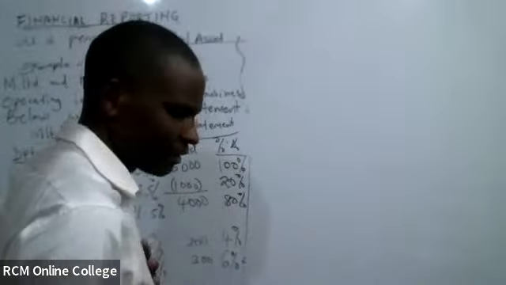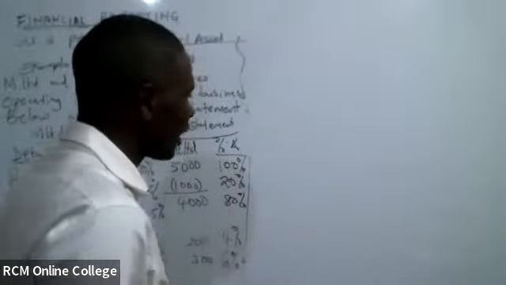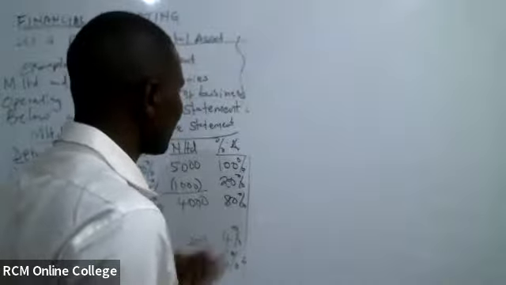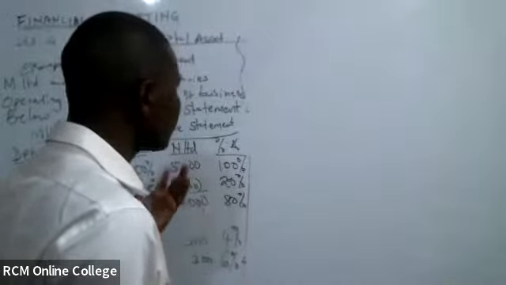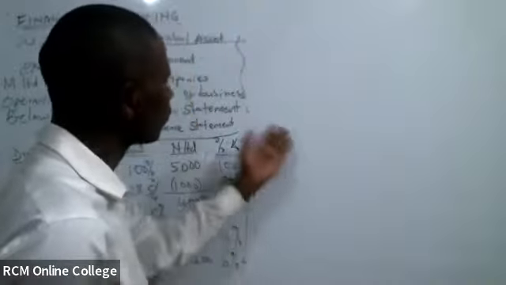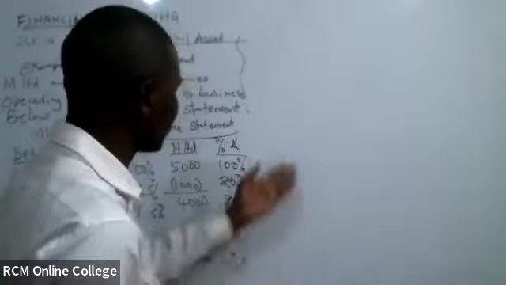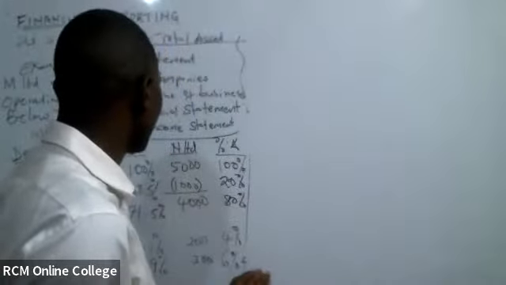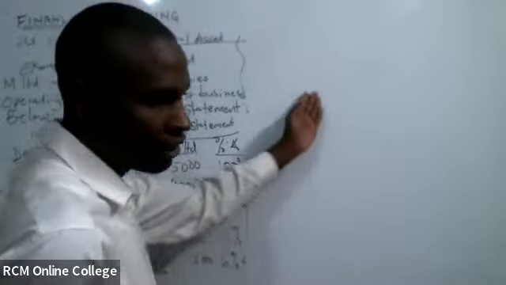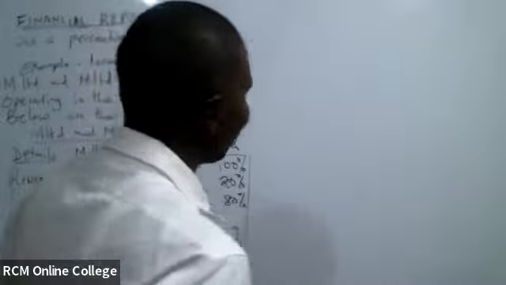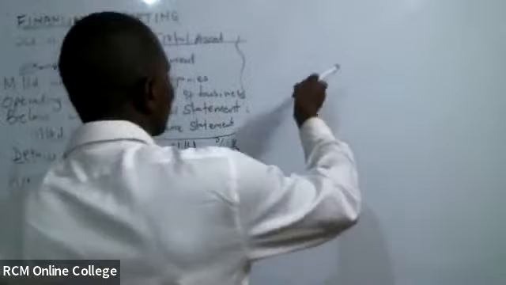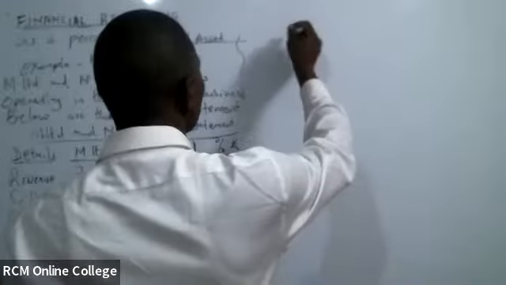But I've never seen them bringing 3 companies. Even if they bring 3 companies, it is possible for you to analyze. The procedure is the same. You just have to add the other company items here, and then the column for analyzing. You can also be able to do that.